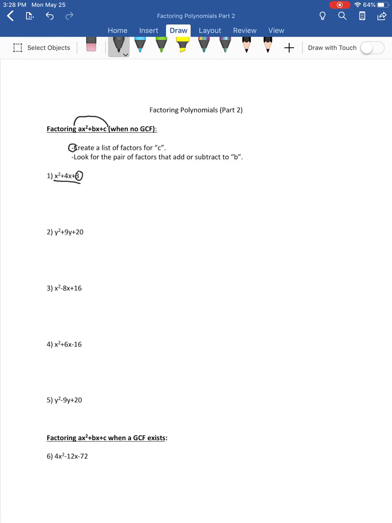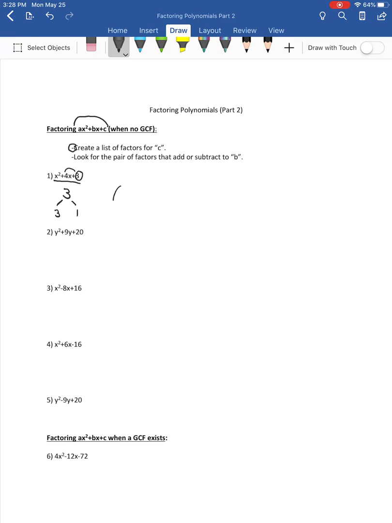The only way to make 3 is 3 and 1, right? There's no other way to make 3. 3 is a prime. We want to look for a pair of factors that add or subtract to b. b here would be the 4, and of course, 3 plus 1 makes 4.